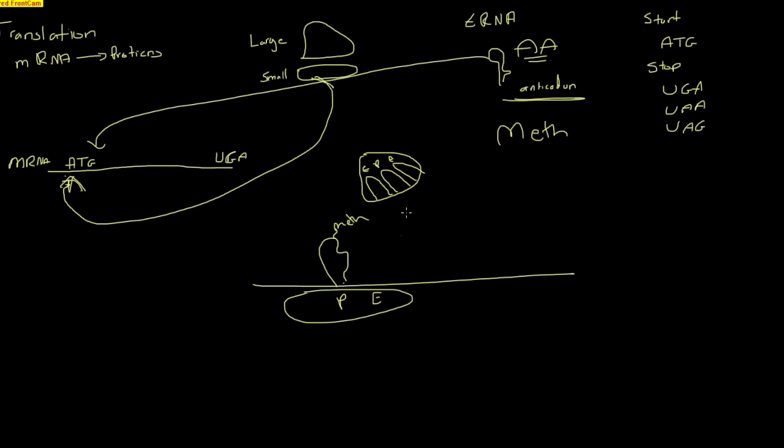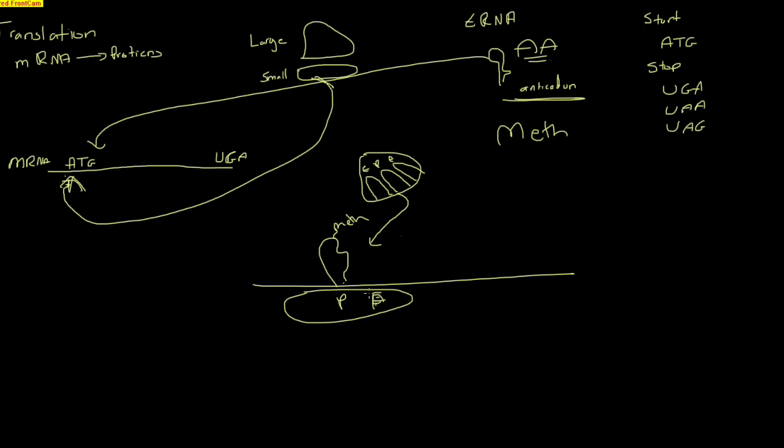So once that comes in, the large subunit is going to come in. It's going to have the E, P, and A site, just like the small subunit, but the small subunit does not have the E site. This is important for later on. So now we're going to start the elongation. So you have this large subunit connected to a small subunit.